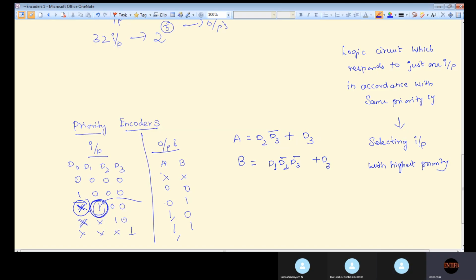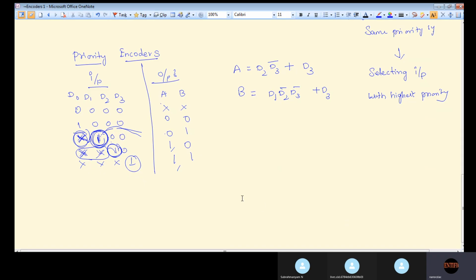I need to select this high input. Okay, so this I am ignoring. That's why I am giving it as a don't care term. Okay, this is having highest priority, so I will choose this one. Here also, this is having the highest priority. These don't care terms may be high, but even if they are high, this is having the highest priority out of the inputs which are high.